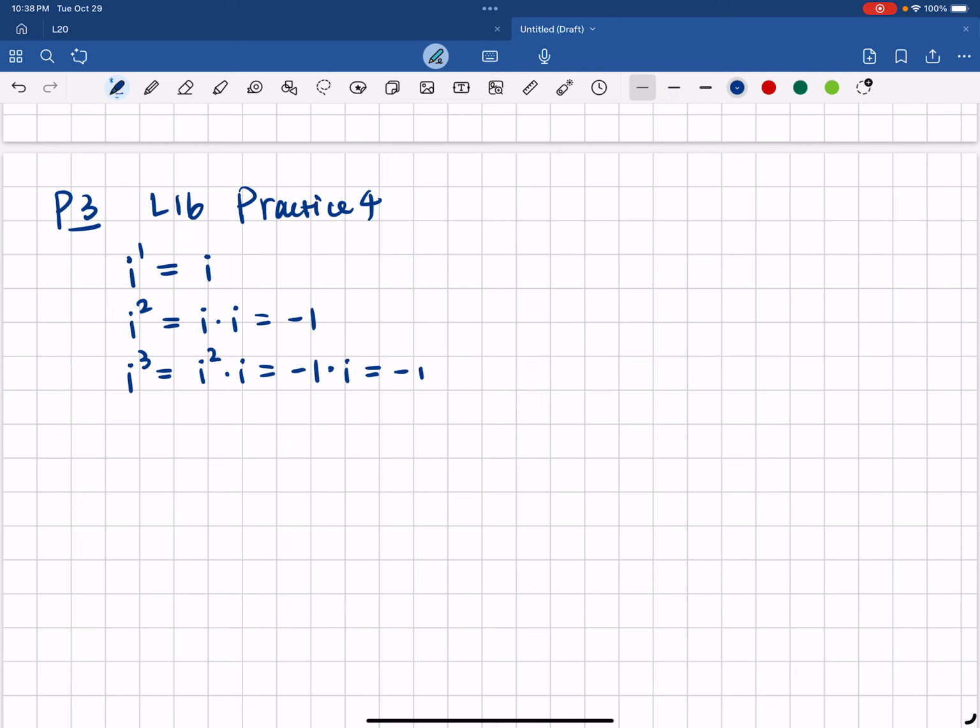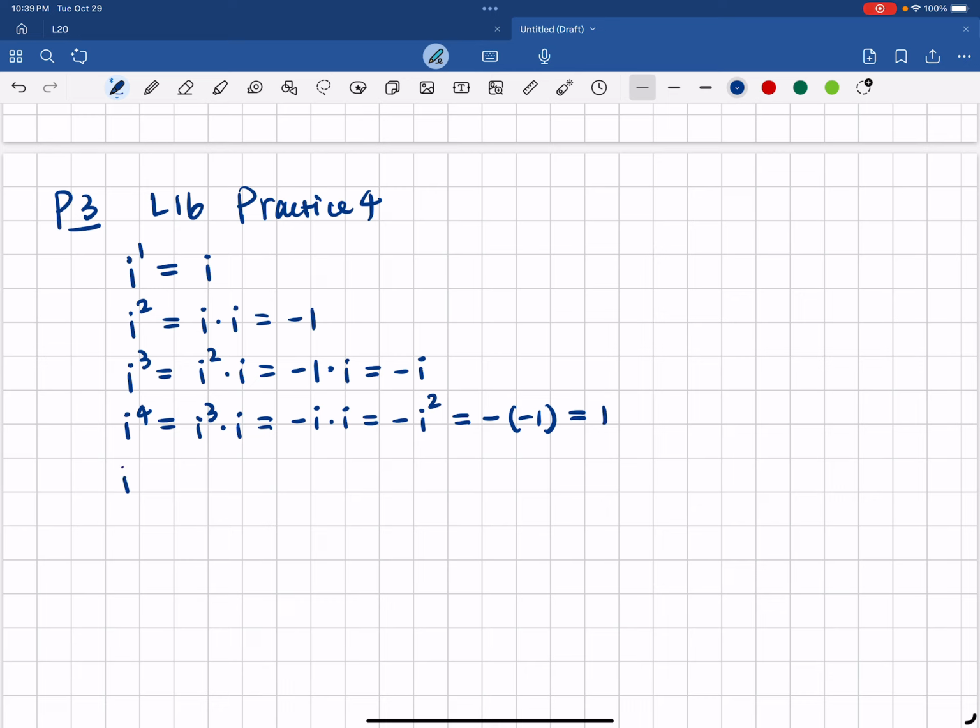That's -i. And then i to the fourth is i to the third times i. i to the third we computed just now, which is -i. And then we multiply by i. So this will give you -i squared. And remember, i squared is -1. So this is -(-1), which is +1.